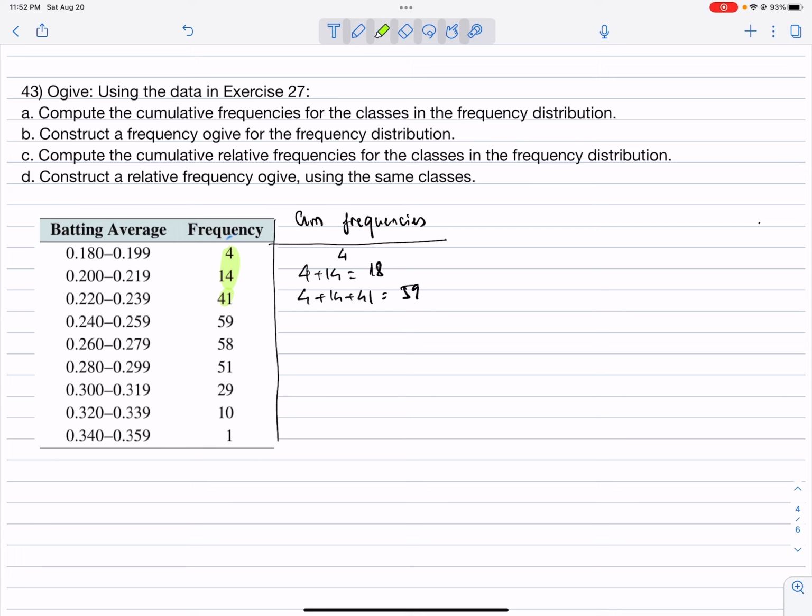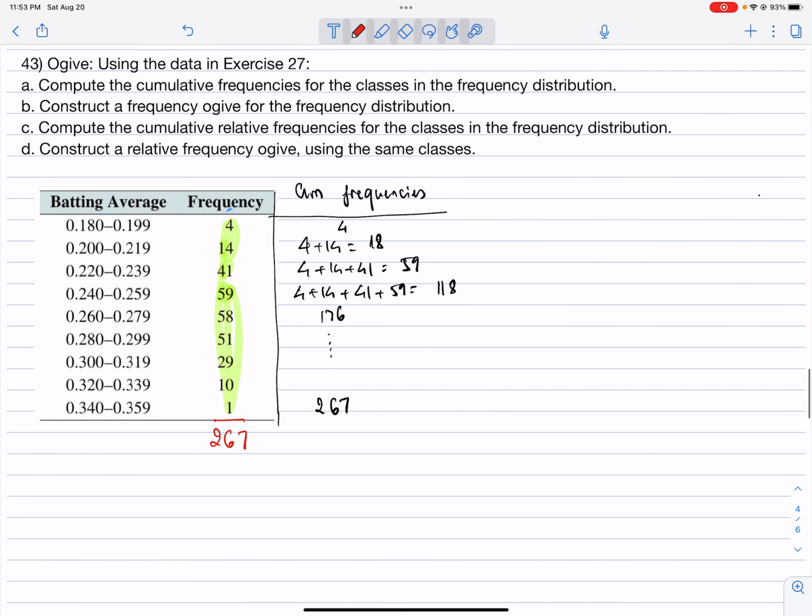The next one we continue to add 59, so 4 plus 14 plus 41 plus 59, so we will get 118. You keep doing the same thing like this, so you will get 176 and so on. And you know that the last line will add all of these together, and we will get 267, and that, of course, has to be exactly the same as the total that you calculate here, which is 267.